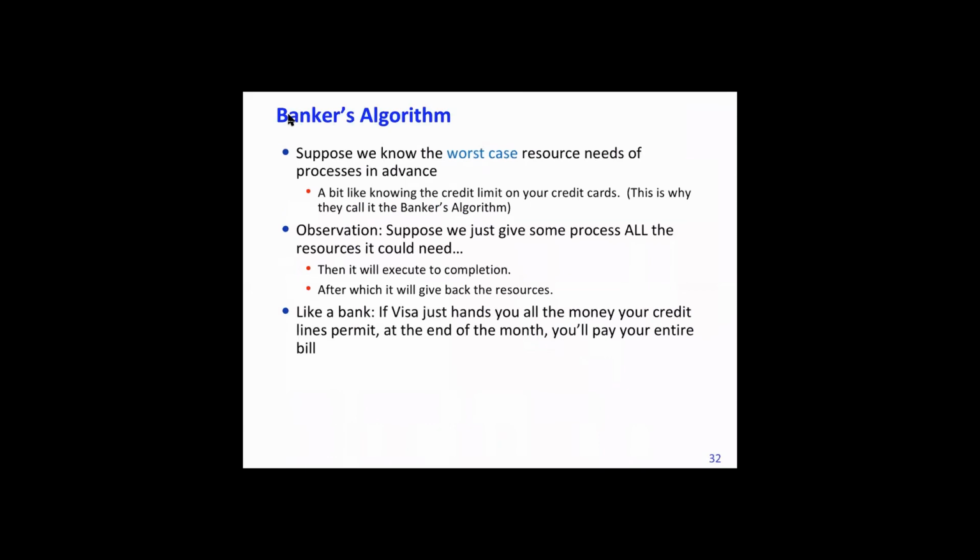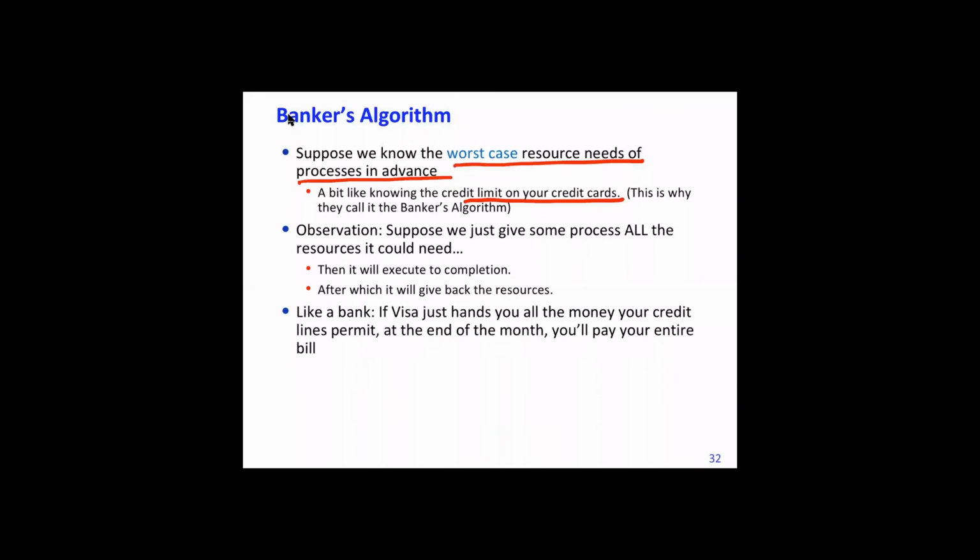So this algorithm says we need to know the worst case resource need of processes in advance. Every process has to say what is the maximum amount of resources it wants. Let's assume right now there is only one type of resource. It's like knowing the credit limits on your credit card.